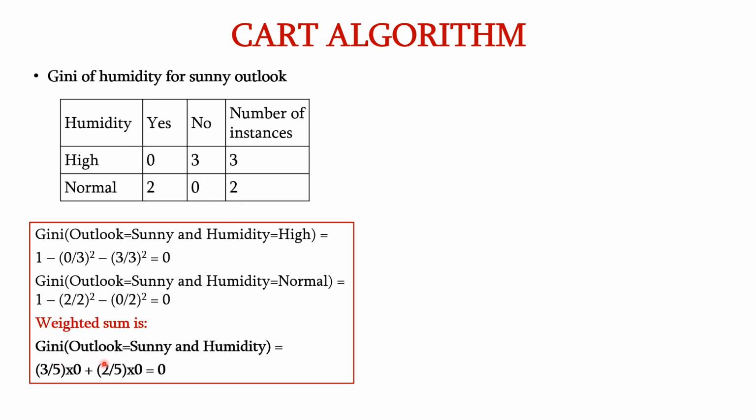The total number of instances for high is 3 divided by the number of instances for sunny outlook, 5, so 3 by 5 into the Gini of humidity equal to high, which is 0, plus for normal the total number of instances is 2 divided by 5 into the value for normal, which is 0 here. So the final value is 0.